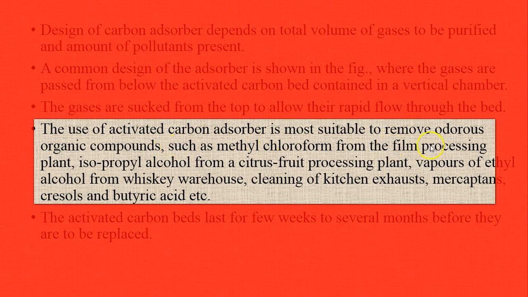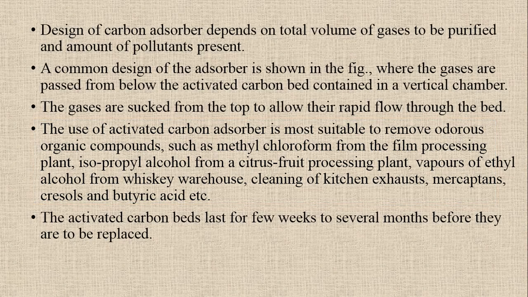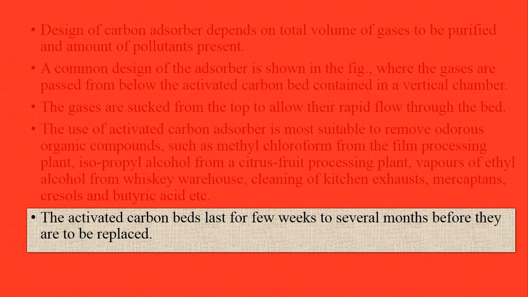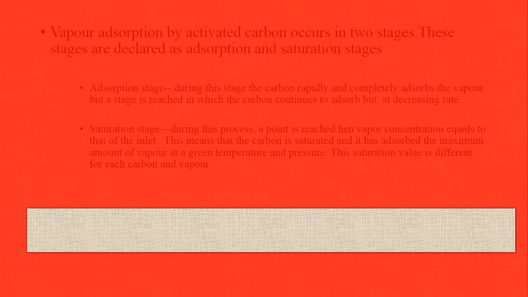It is more suitable for removing odorous organic compounds such as methyl chloroform from a film processing plant, isopropyl alcohol from a citrus fruit processing plant, vapors of ethyl alcohol from a whiskey warehouse, cleaning of kitchen exhaust, mercaptans, and butyric acid, etc. The activated carbon beds last for a few weeks to several months before they are to be replaced.